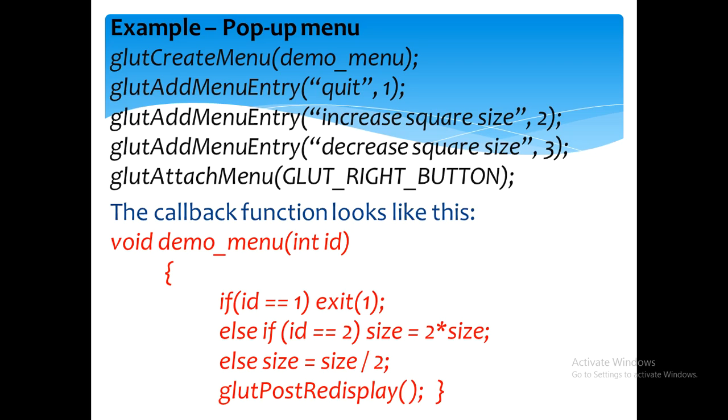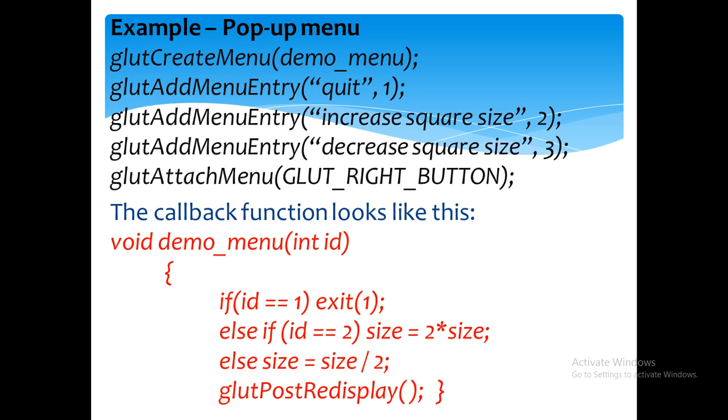Then glutAddMenuEntry again, one more choice I am giving: Increase the square size. Increase means I have drawn one square box, and the option increases its size. I have given its ID as 2. As I told, whenever you create menus, they are identified with their ID.